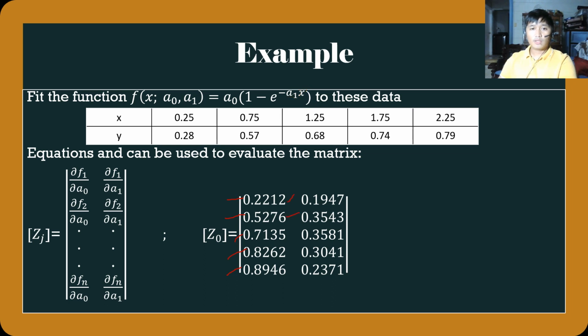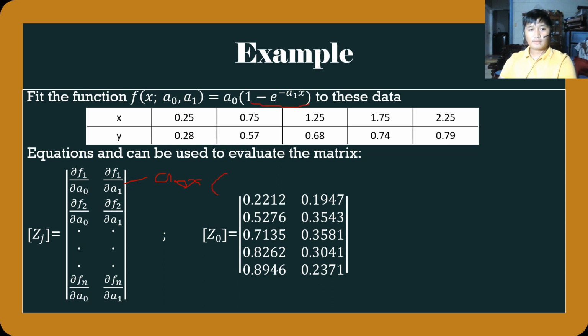And the same with this right side, the derivative with respect to a sub 1 is, I think, a sub 0 times x times this whole term.